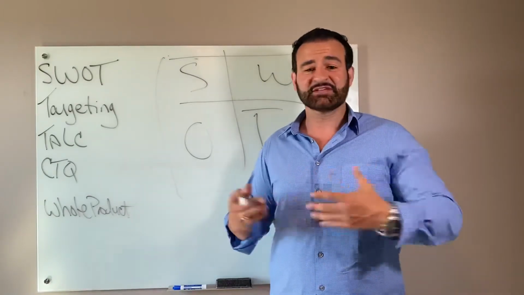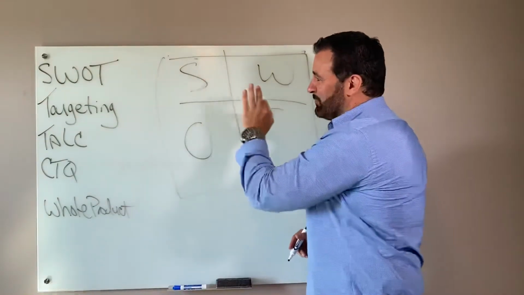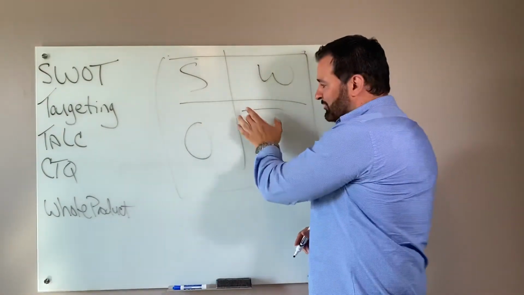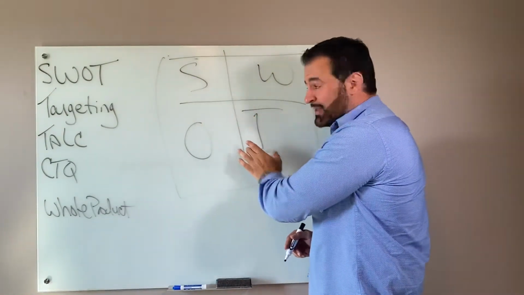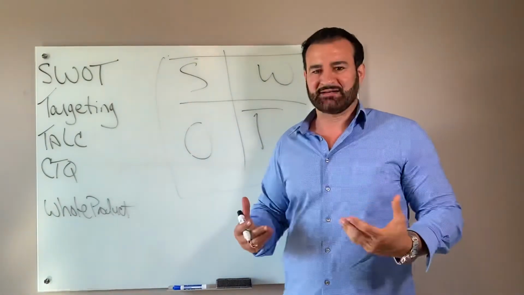And he's very successful at it right now. That gives you an example of finding out what you're good at, what you're not good at, understanding what your threats are, and looking at the opportunities that you can capitalize on.